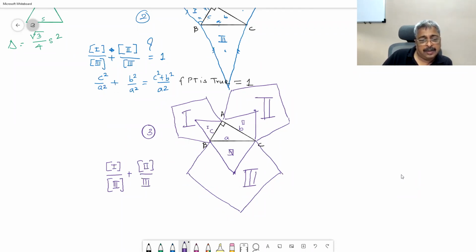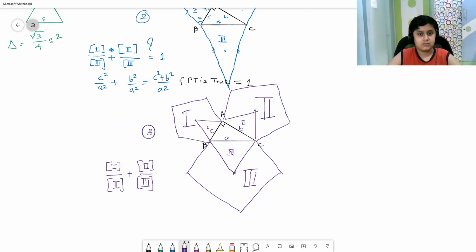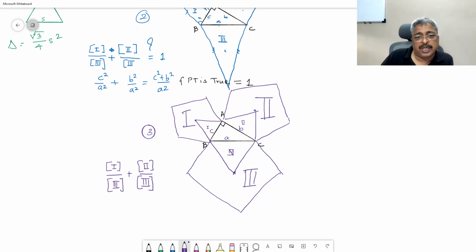So we don't know how to find out the area of a pentagon. We don't know how to find out the area of an isosceles triangle also in this case. But we know for sure that 5 times the area of this small isosceles triangle is going to be the area of the regular pentagon.